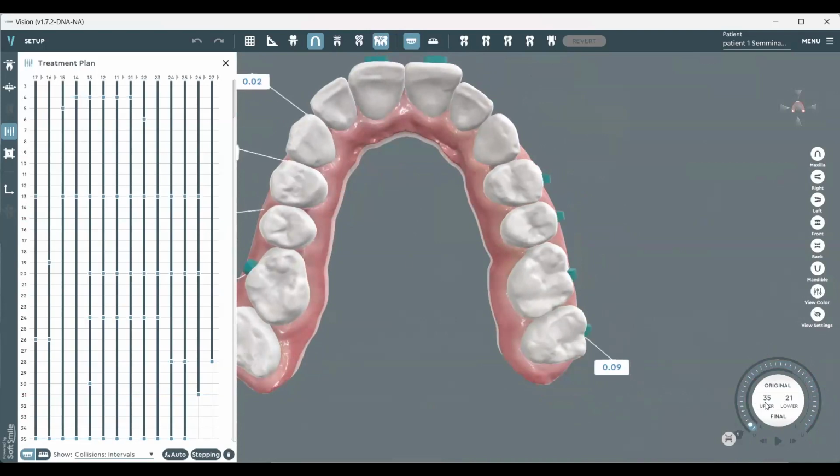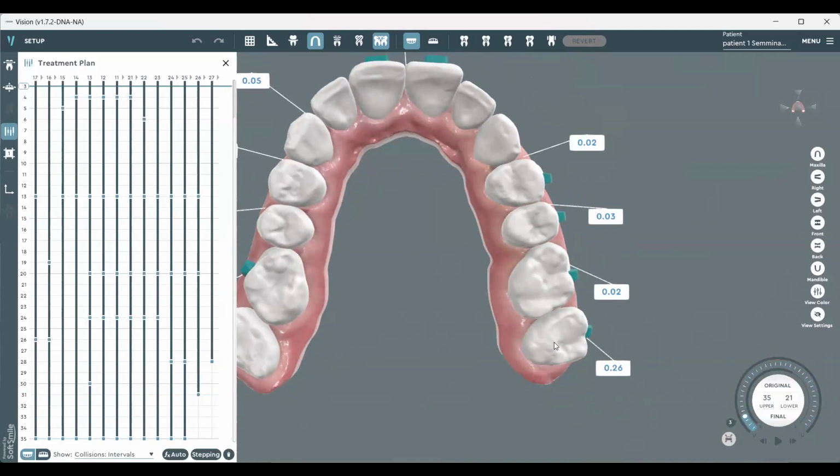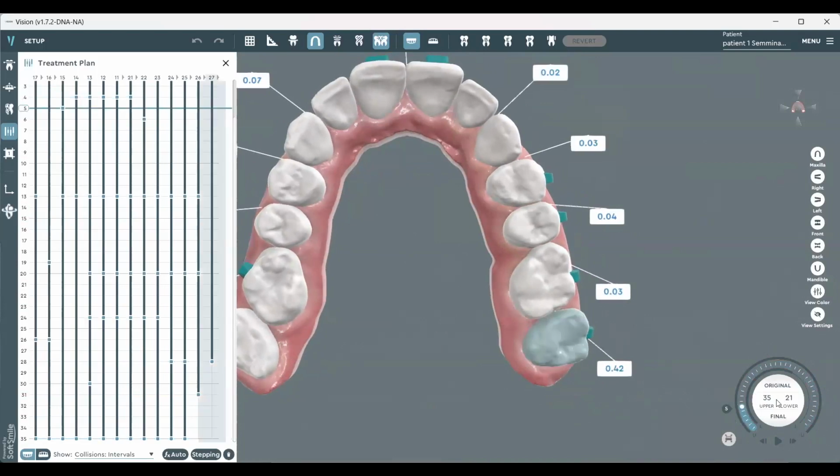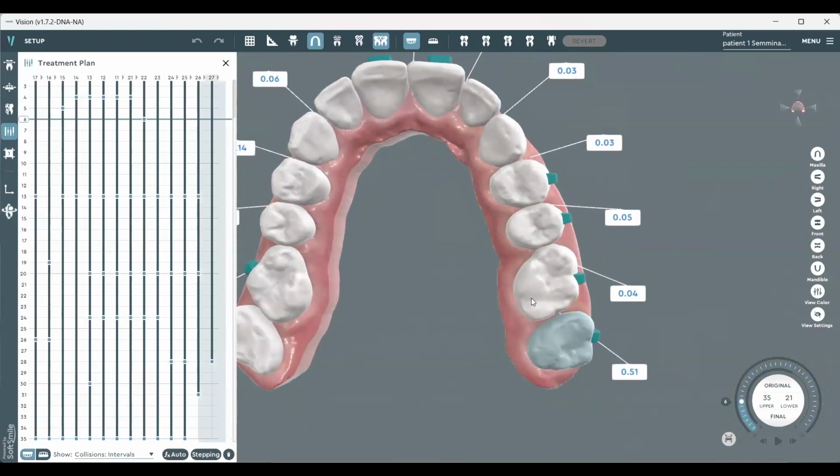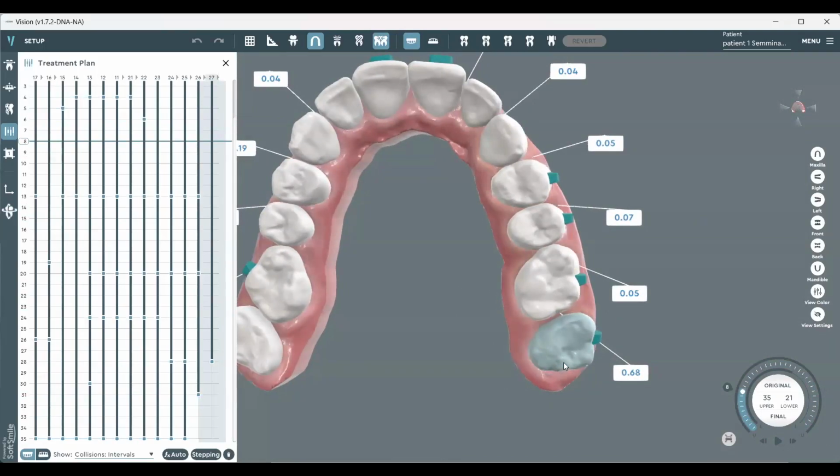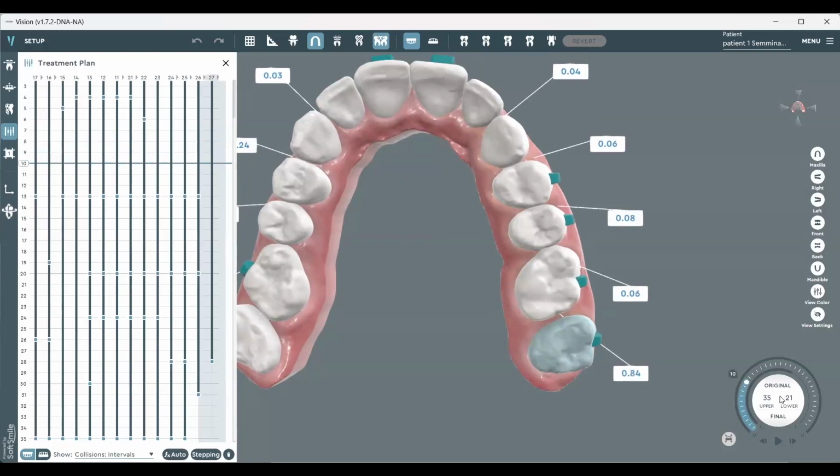So you can see first expansion, and the 7 starts doing distalization, and 6 is doing the rotation. We are not distalizing all this quadrant at once. We are opening spaces between the teeth, but the only one that is doing distalization is 7 at this moment. To have a better anchorage, because remember, we are going to do more than 1 millimeter of distalization. This, to keep it predictable, we will need to open a space.